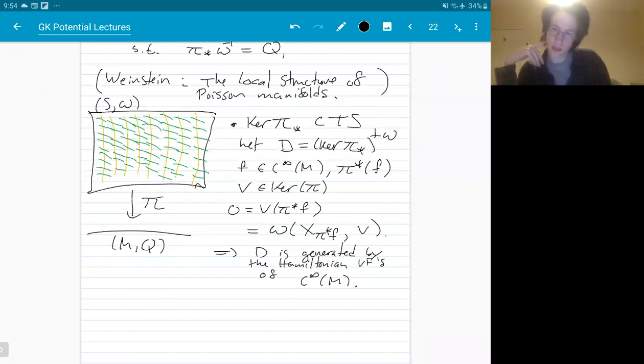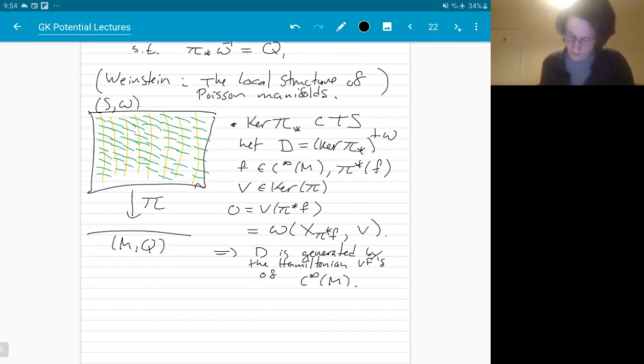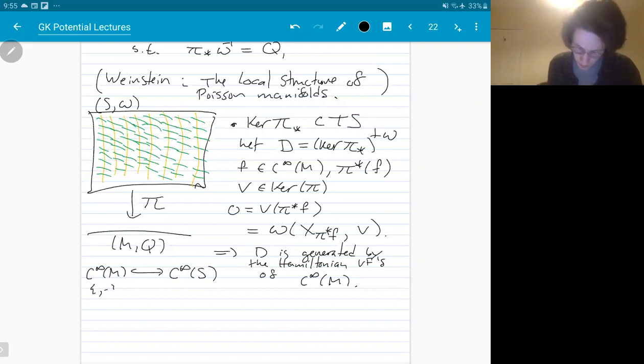Does that make sense? Because of this map pi, we get an embedding of smooth functions on M into smooth functions on S, such that it respects the Poisson bracket. You have the Poisson bracket coming from Q, you have the Poisson bracket coming from omega, and the pullback map respects these.